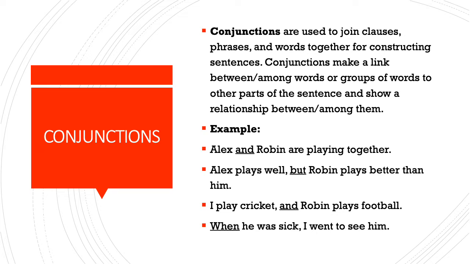See, I play cricket in itself is a complete sentence. Robin plays football again is a complete sentence. I play, Robin plays. These are clauses. So you need to see which are the phrases, which are the clauses, dependent clauses, independent clauses in order to understand the lesson better.